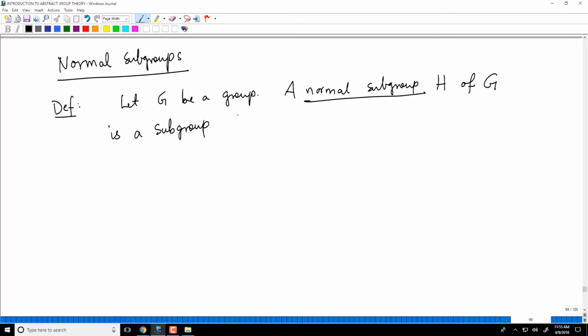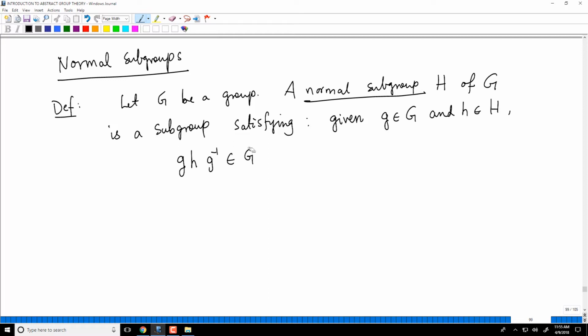A normal subgroup H of G is a subgroup satisfying the following property: given small g in G and small h in H, g h g inverse is in H. So the group element times the subgroup element times the inverse of the group element must again be an element of H. Okay, so this is what we call a normal subgroup.